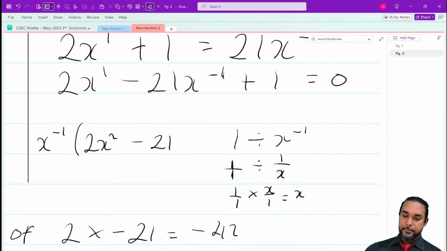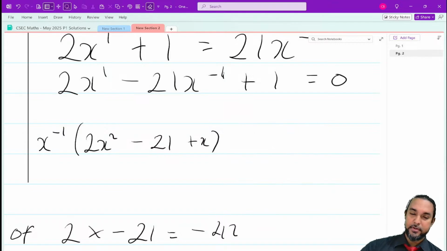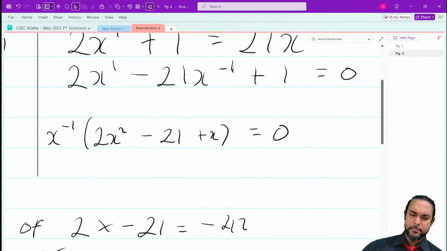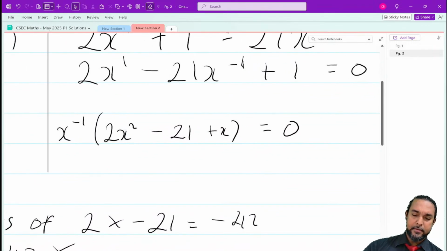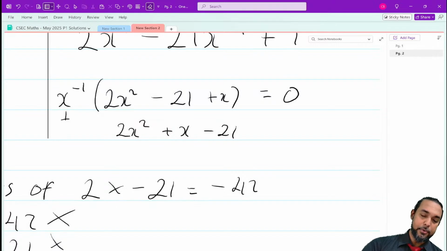Right. So yeah, then you get plus x. And of course, we'd just have to scrap all of this. So 0. Then what you could do here is put the x in the middle and minus 21. This here would become a 1 over x, so the x would simply become a denominator.